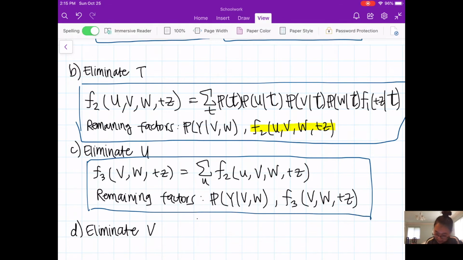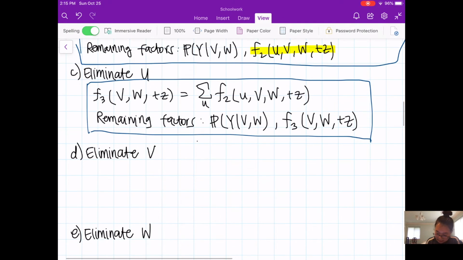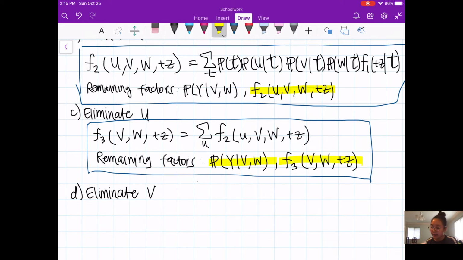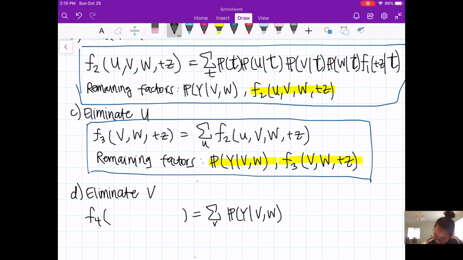And then the next variable we want to eliminate is v. So we can look at the remaining factors that we have from the previous part and see that both of them contain v. So we will need to join them in some way first in order to get the fourth factor. So we can write out the fourth factor will be something. Not sure yet, so I'm going to leave that blank. And that will be equal to the summation over all the different possible v values of the join between our remaining factors. So probability of y given v, w and then f3 of v, w plus c.